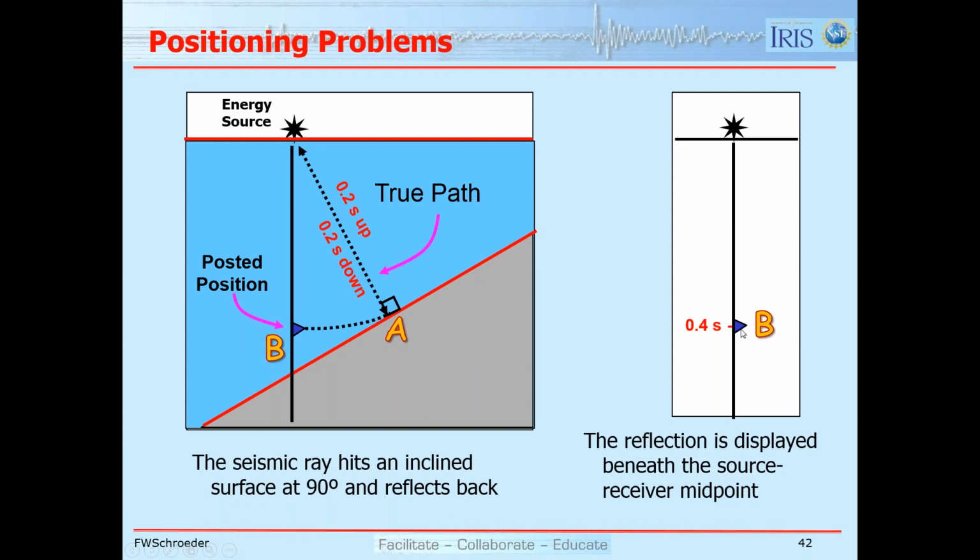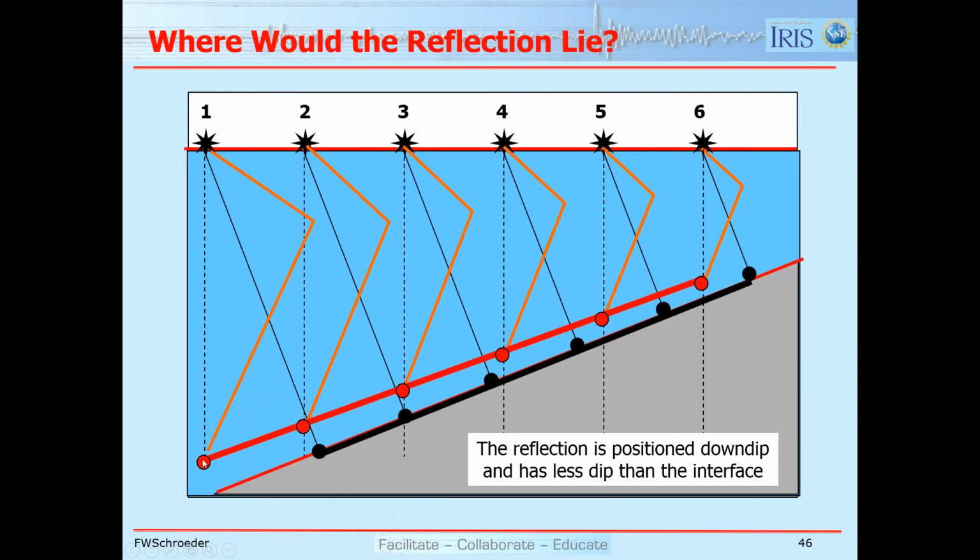So if I considered 6 shots into 6 receivers, all zero offset, I can use a compass and plot where each of the reflections would be posted on a 2D seismic line. And so the first exercise would have you do that. If you do that, you would find this would be the reflection for position 1, 2, 3, 4, 5, 6.